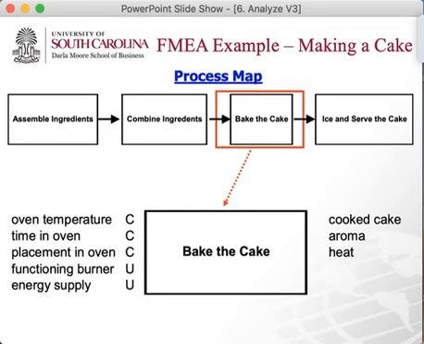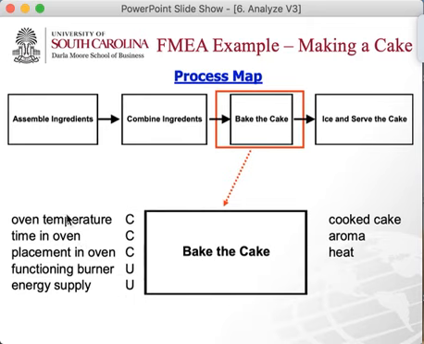Let's say that I have a baking process. It has four steps: assemble the ingredients, combine the ingredients, bake the cake, and serve the cake, right? If you think about one of those steps, bake the cake, a lot of things can go wrong, right? The oven temperature, the time in the oven, the placement in the oven, the burner function, the energy supply.